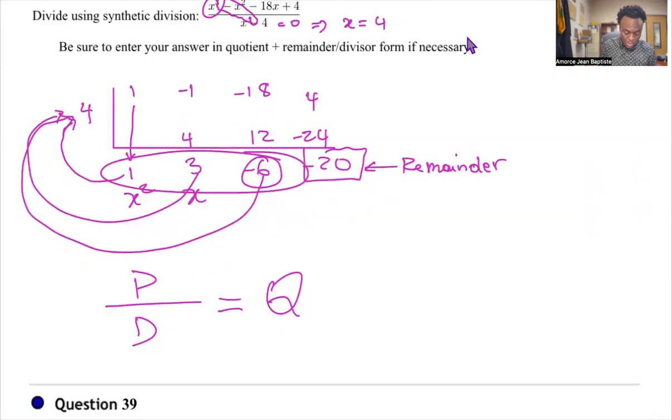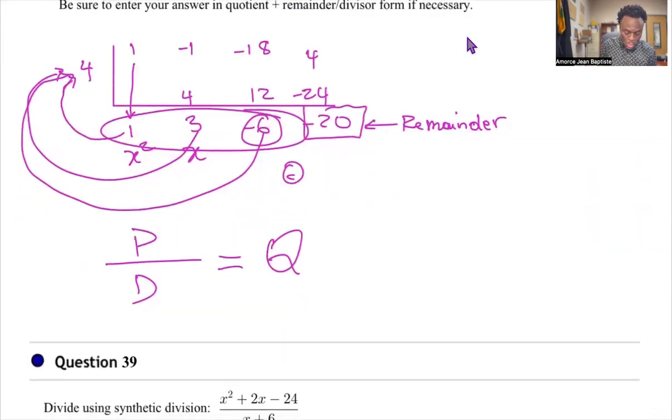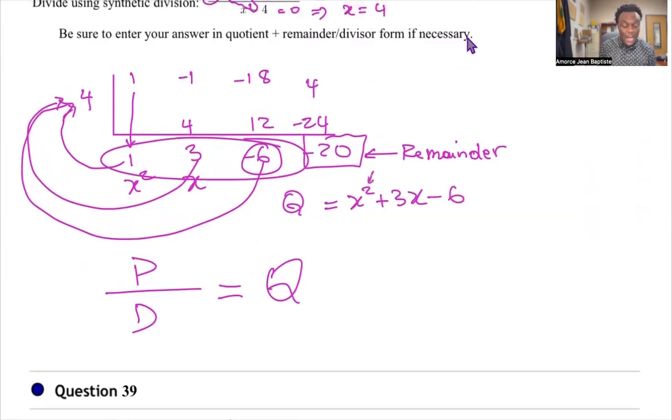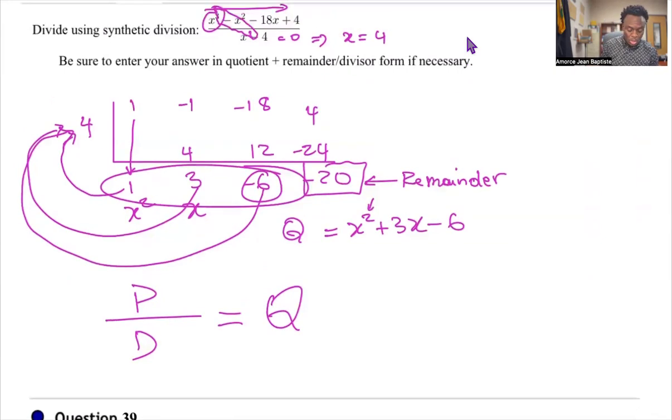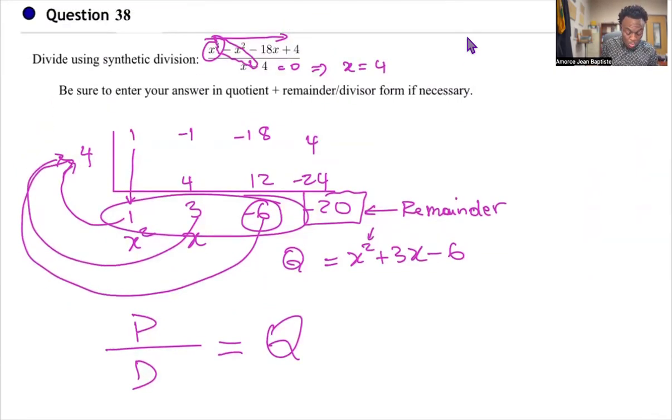So your quotient will be Q equals x squared plus 3x minus 6. And you remember x squared, I told you how we found it, is when you subtract the exponent of d from the exponent of p, which is 3, minus the exponent of d, that's 1, it would give you the 2 that you get here, the exponent of your q.